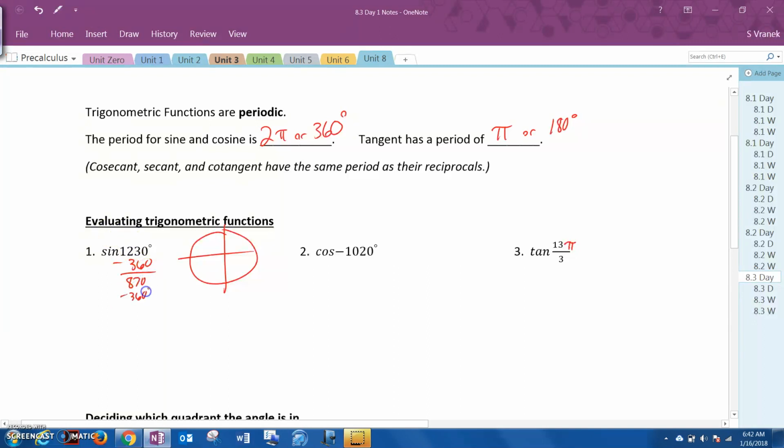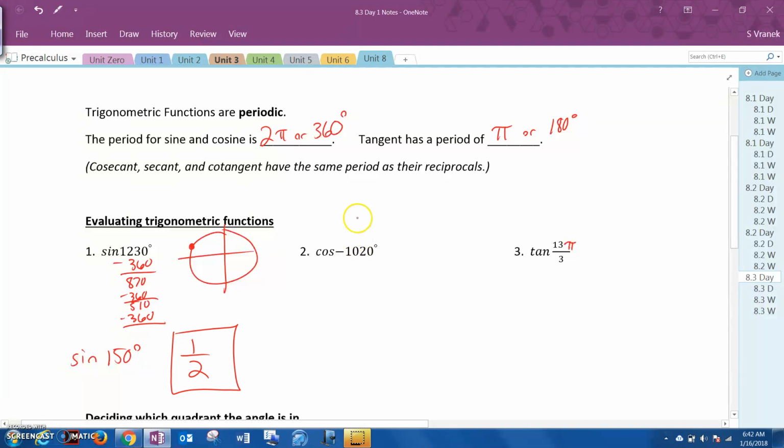Minus 360 is 510. And then minus 360 gets you 150. So really this is the problem that says sine of 150. Now we've been doing this in class. 150 is over here. It's a 30-degree reference, which means the y is shorter, so the answer is 1/2, and it's positive.